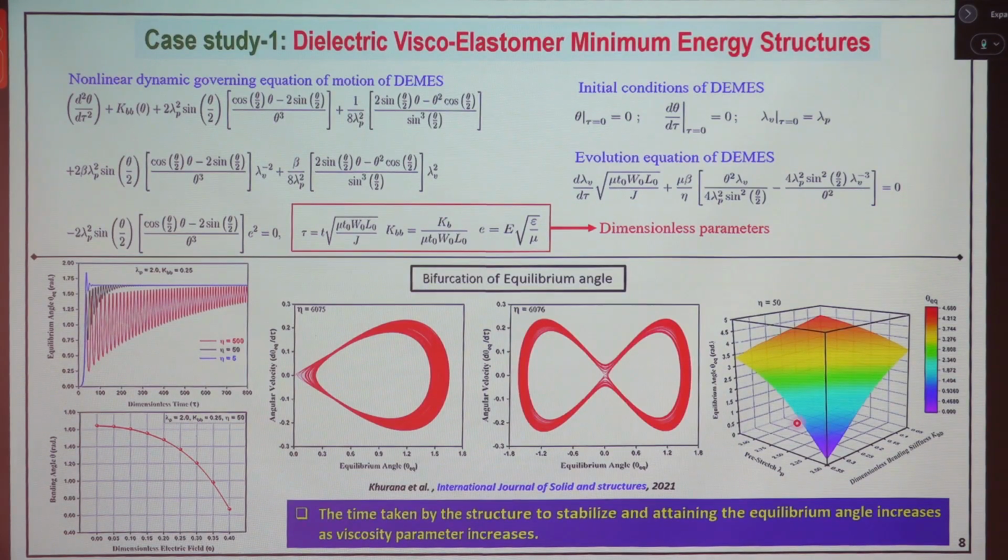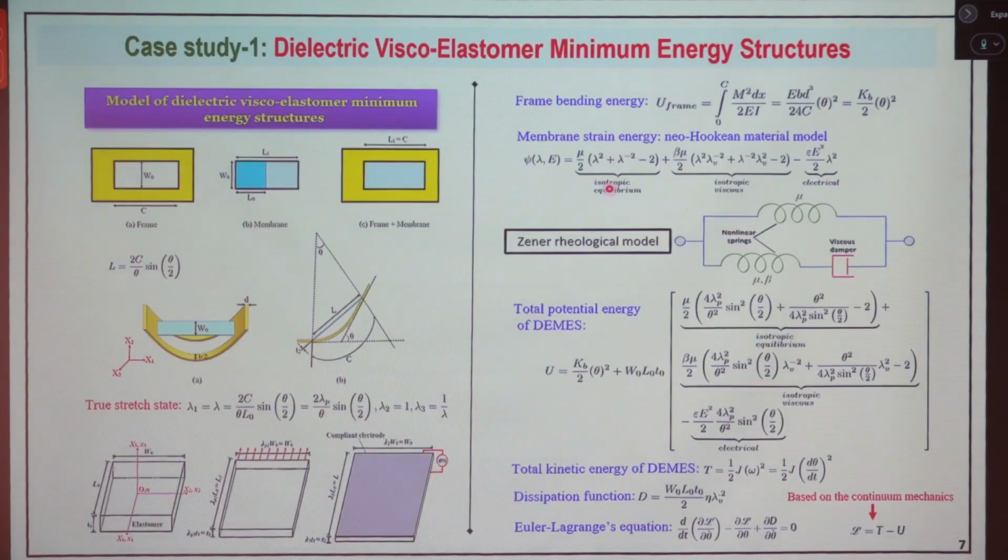If you pre-stretch the membrane more, what will happen? The energy will be more. Pre-stretching of the membrane means more strain energy of the membrane. Simple. This membrane is attached to the frame, so if the energy of the membrane is more, it will try to bend the structure more.